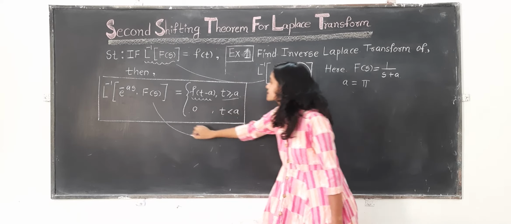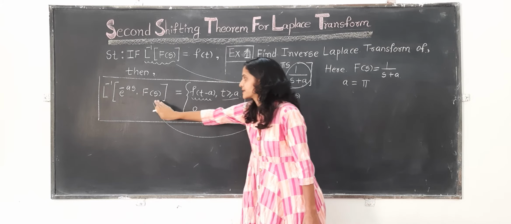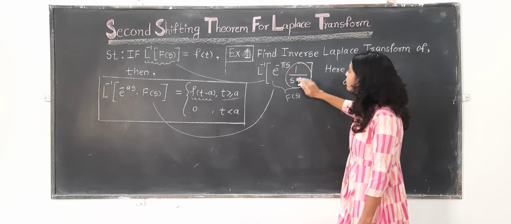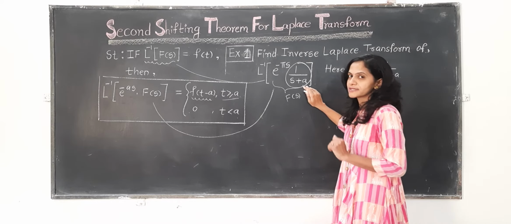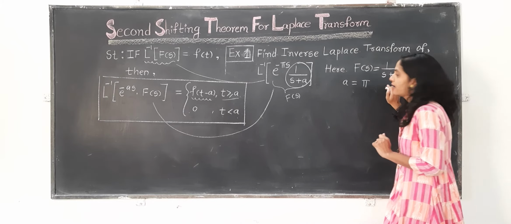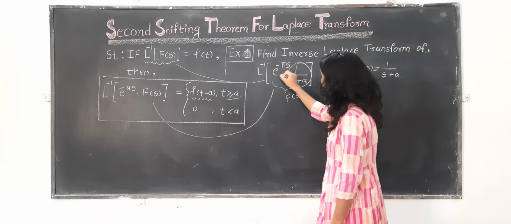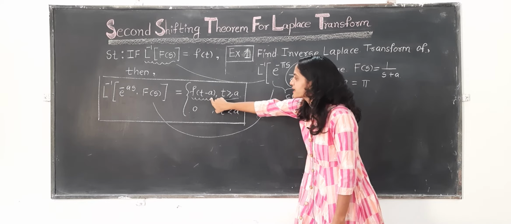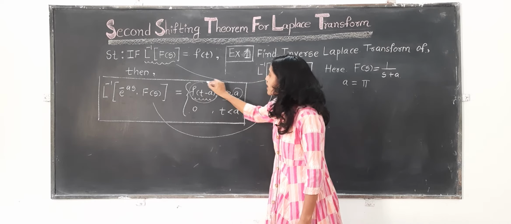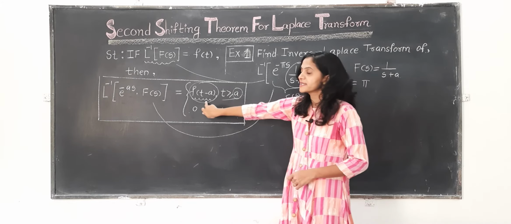So L inverse of e raised to minus pi s into 1 upon s plus a means the second shifting theorem is applicable. The value of F of s is 1 upon s plus a and the value of a is pi. So for the L inverse of this, we require f of t minus a. We require the value of a and the value of f of t minus a. But how to calculate this f of t minus a?